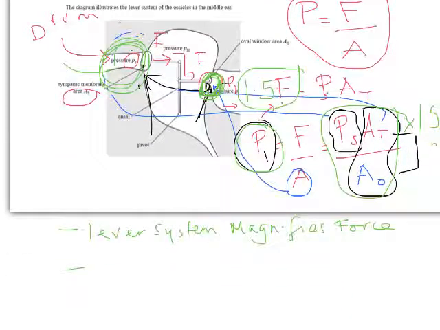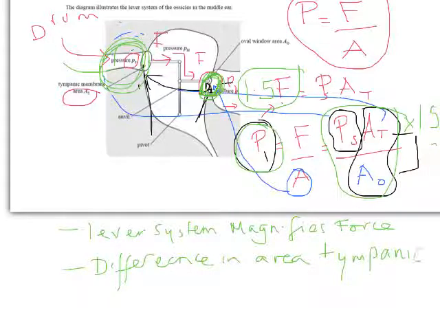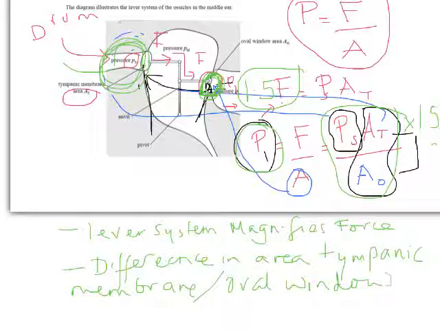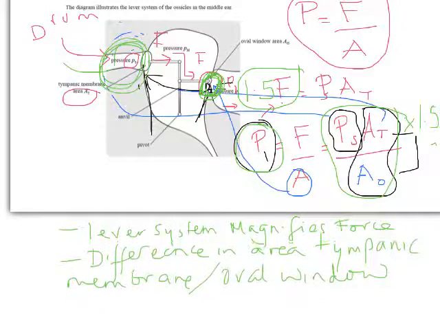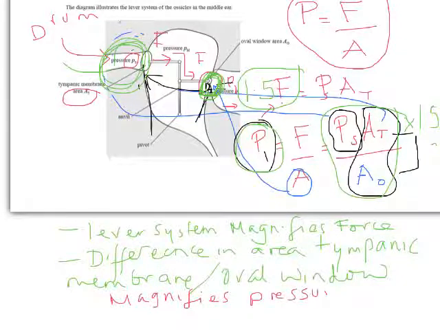And then secondly, you have a difference in area between the tympanic membrane and the oval window, which magnifies pressure. And there you go.